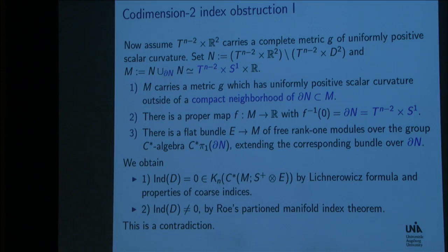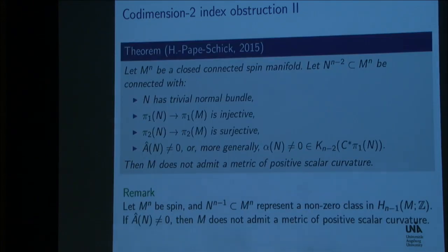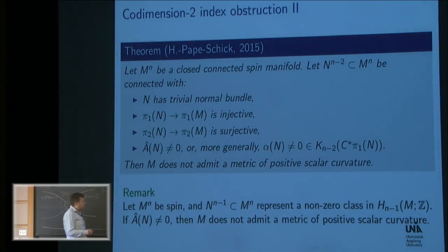Yeah. And now let me cite a theorem which is now more general. So we have a general codimension 2 obstruction using Roe's index theory. Namely, we assume we have a spin manifold with a codimension 2 submanifold, which has trivial normal bundle.